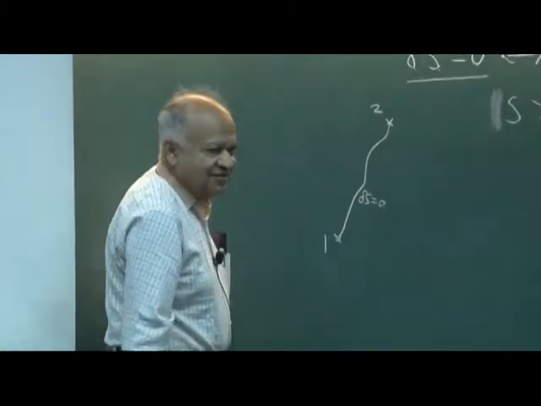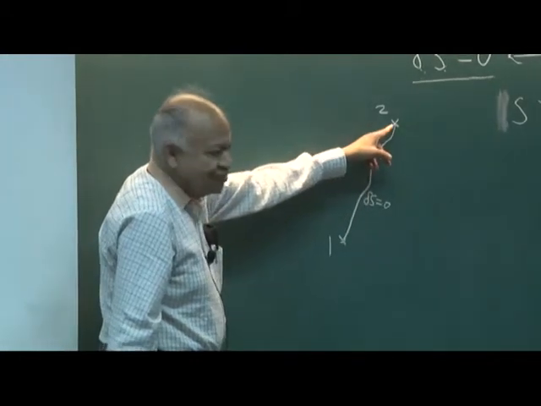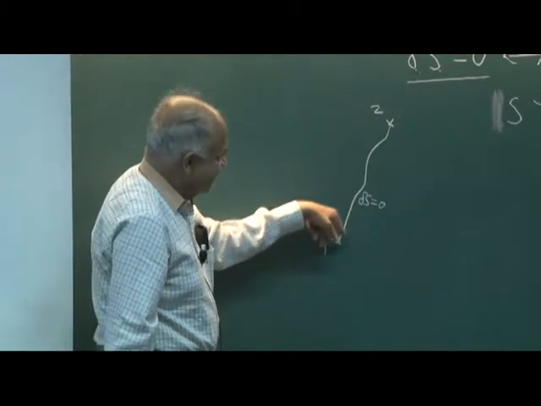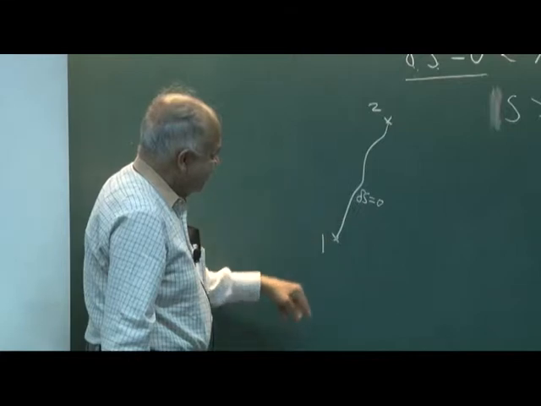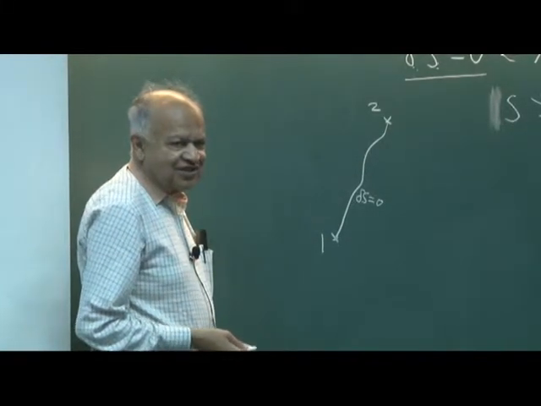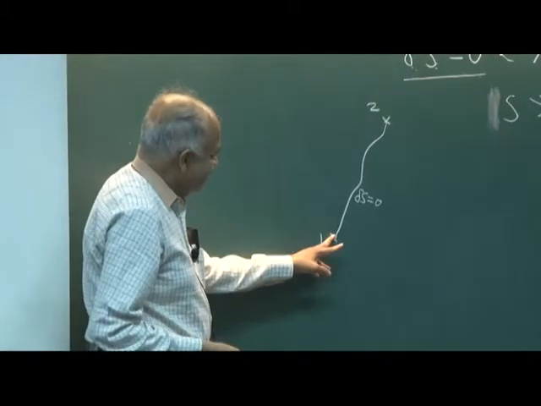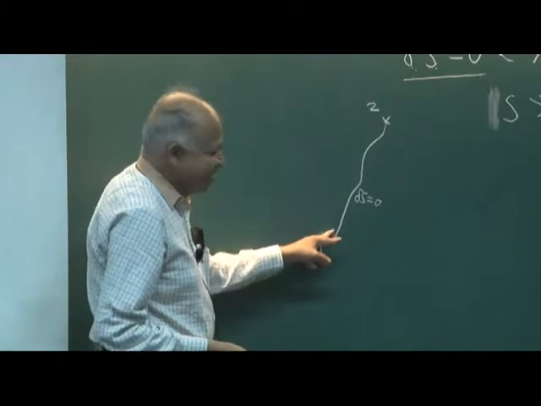For example, if you are talking of a free particle going from state 1 to state 2, and these states are specified and it is a free particle under no forces, then Newton's law of motion will tell you that there is 0 acceleration, and you can fix this path accordingly.